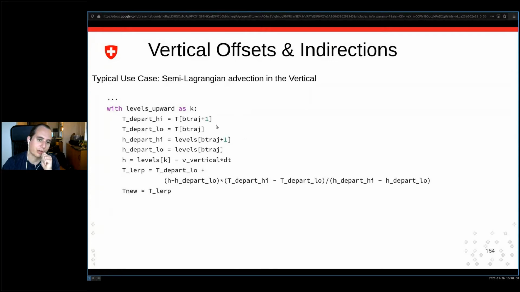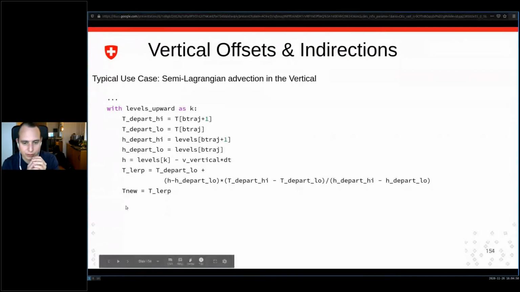We don't need to travel, but we can directly look up where we ended up when we computed the backwards trajectories. We compute the exact location, interpolate onto that location, and copy this to the new temperature field, or whatever you want to advect, be it temperature or pollen concentration or whatever.